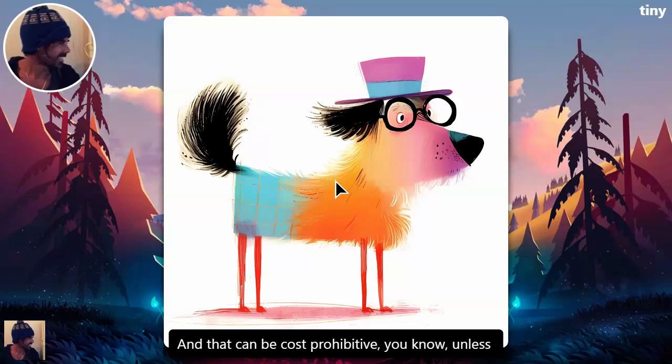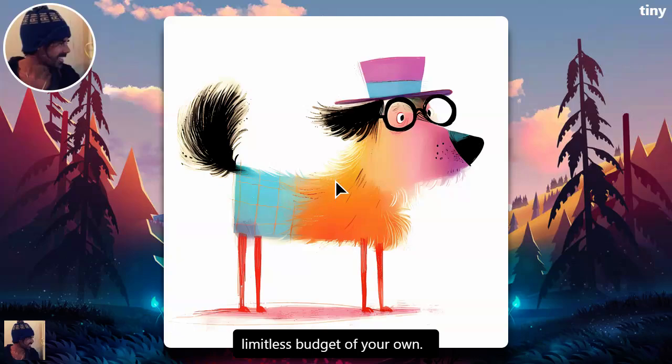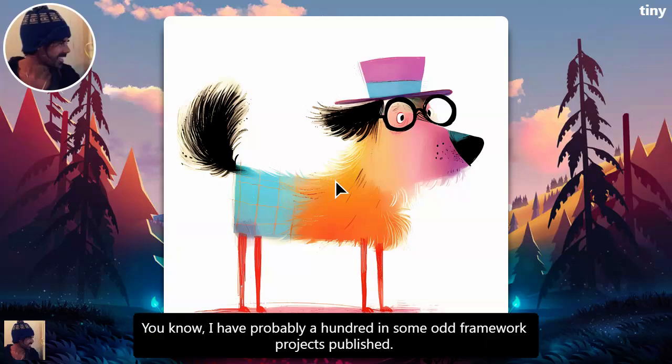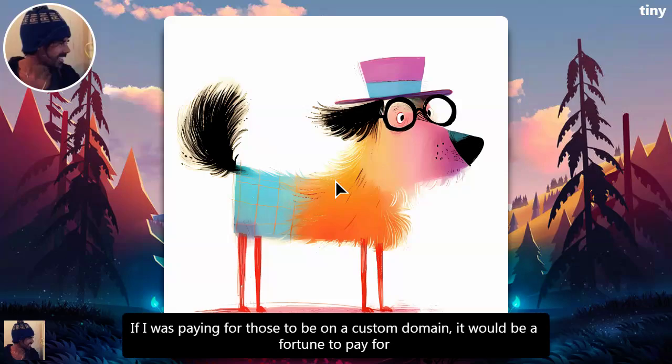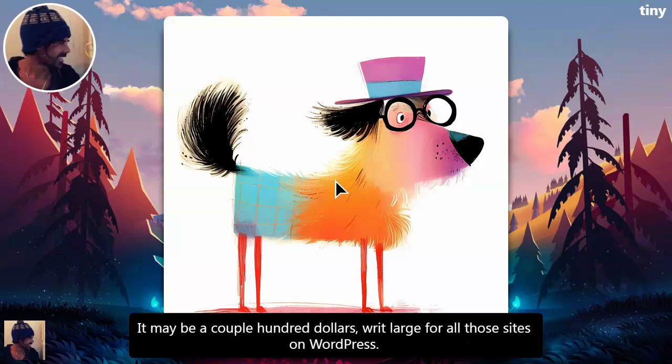And that can be cost prohibitive, unless you're working with higher end clients or you have a limitless budget of your own. I have probably 100 and some odd Framer projects published. If I was paying for those to be on a custom domain, it would be a fortune every month. On WordPress, it's not. It may be a couple hundred dollars writ large for all those sites on WordPress.